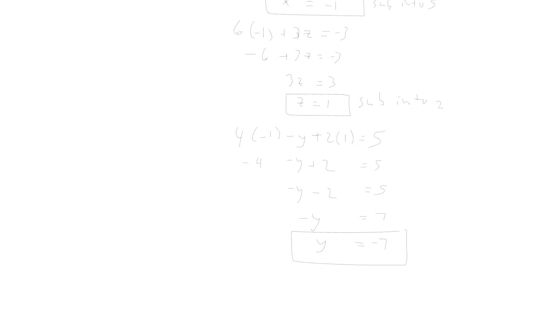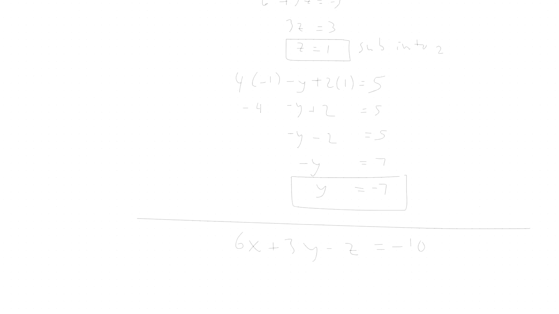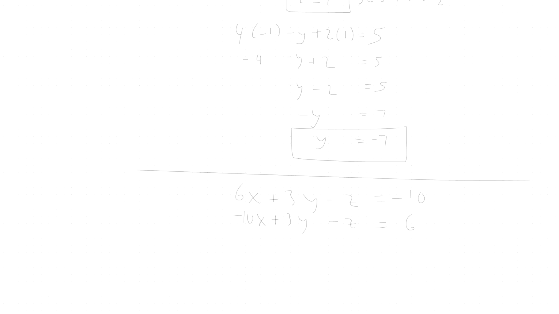All right, tell me the equations. 6x plus 3y minus z equals -10. Okay. Equation 2 is -10x plus 3y minus z equals 6. Okay. And the last one is -7x plus y plus z equals -5. Okay, so I'm just going to confirm the equations.